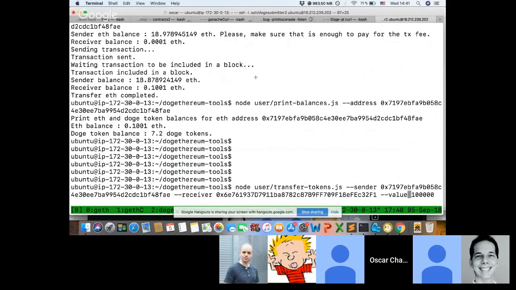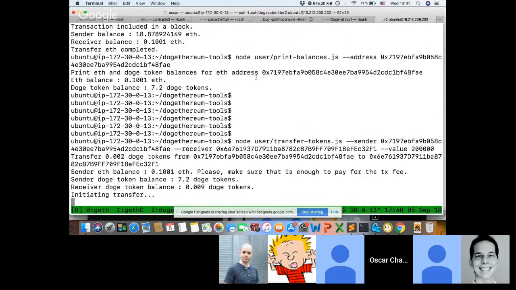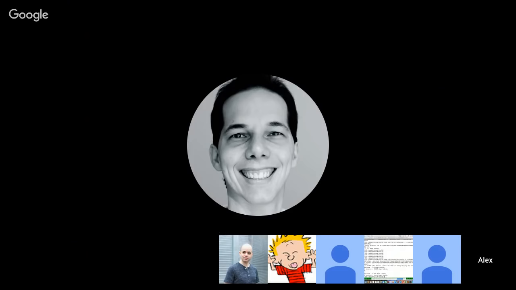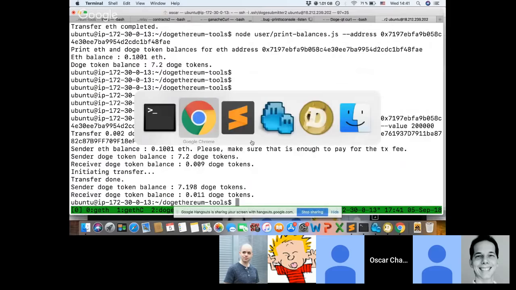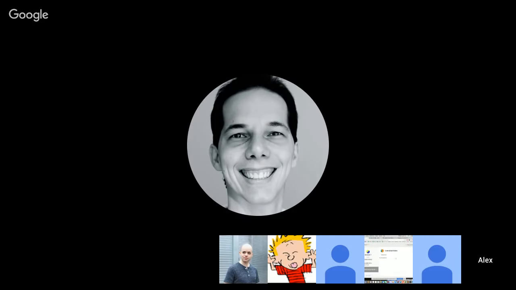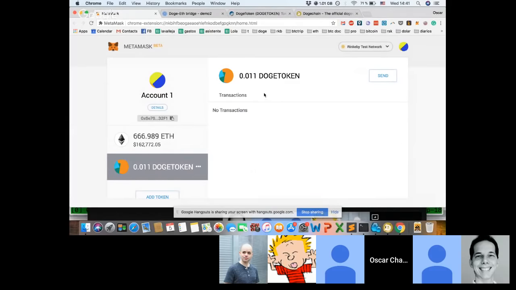Okay, yeah, I will send a couple of tokens. Transferring 2 million tokens. Let's use MetaMask. Cool. So I had 9, I now have 11. Here on MetaMask, I can transfer this. I can use it, as I said, like any other ERC20.